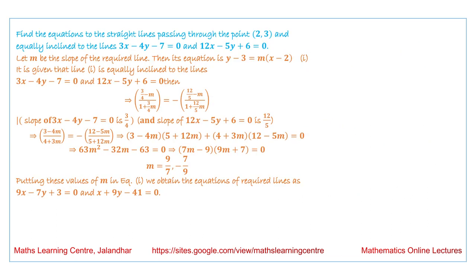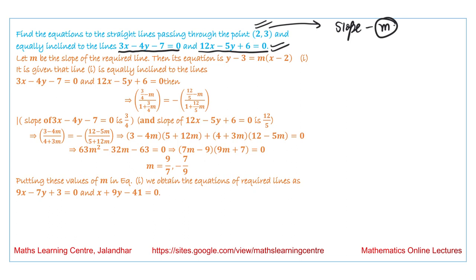So the next question based upon this: these are the two equations of the lines given to us. We have to find a line which is equally inclined to both of these lines and is passing through the point 2, 3. So let the slope of the new line be m.